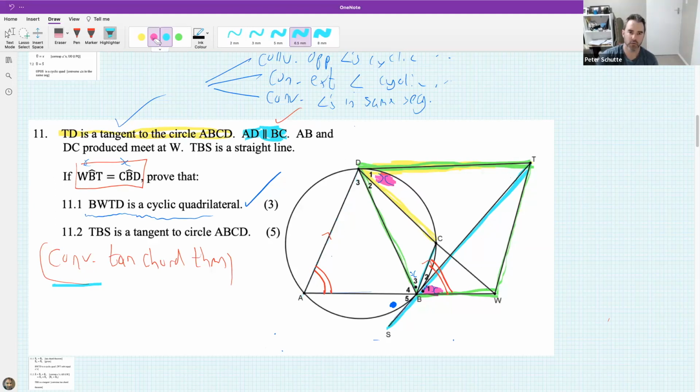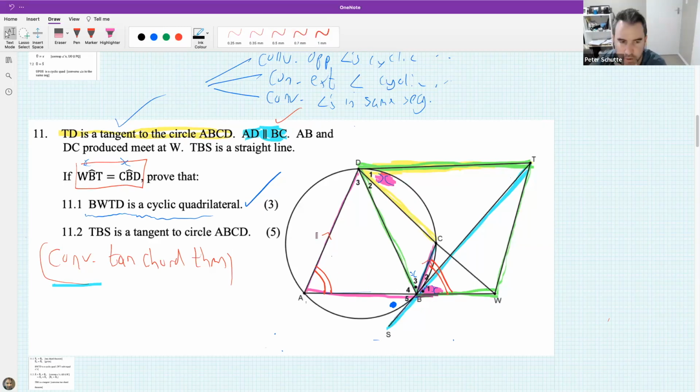Let's use, can you see that there is parallel lines going here? And to me, it feels like B1 and B2 will equal A.